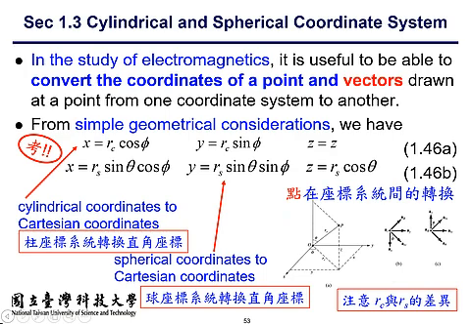So equation 1.46a is essentially what we have done for the conversion from polar coordinate system to rectangular coordinate system. Of course, you can convert the representation of a point in Cartesian coordinate system back to the polar coordinate system.